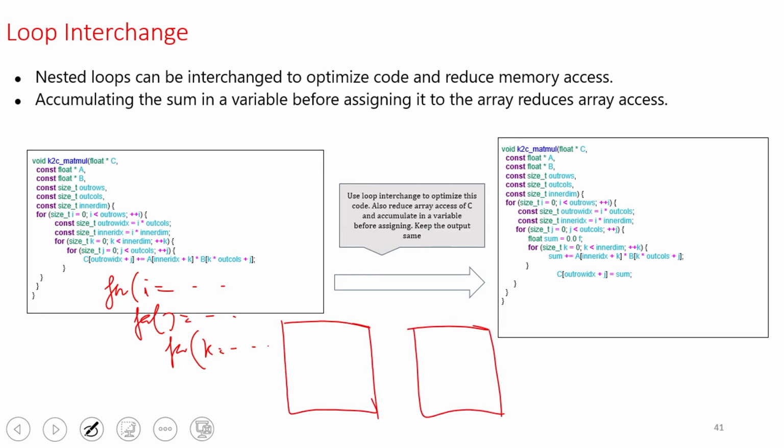You take one of the rows, you take the column and then multiply element wise. So, i selects the row, j selects the column, and k selects the elements.